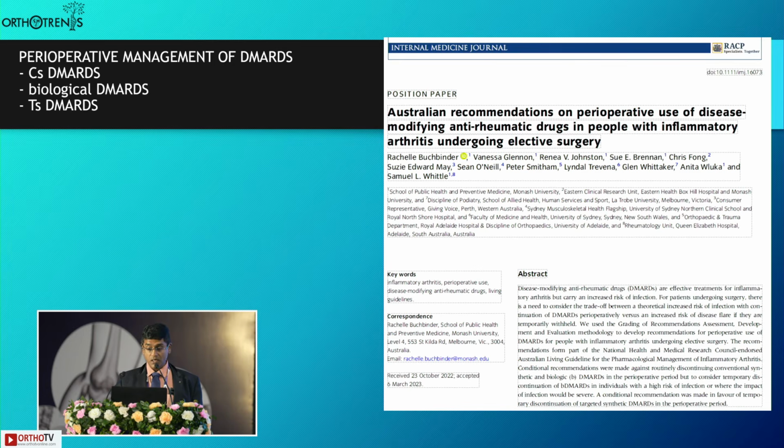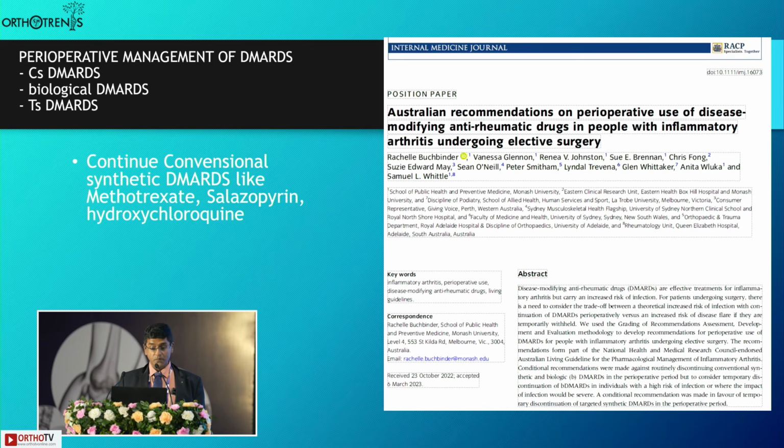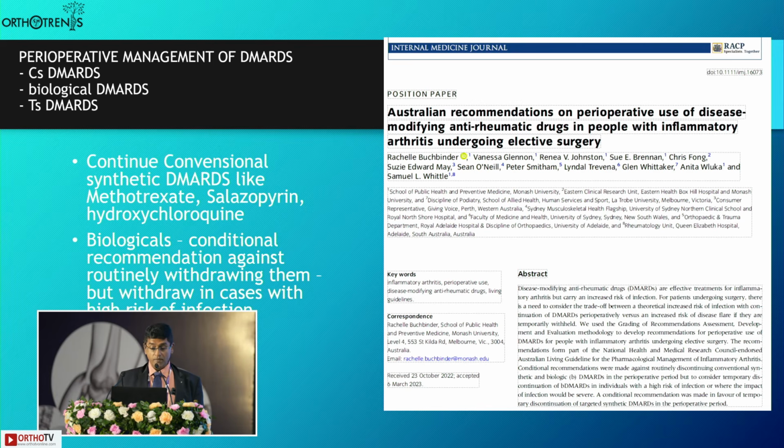This is the Australian recommendation from physicians, which says continue conventional synthetic DMARDs like methotrexate, sulfasalazine, hydroxychloroquine perioperatively. They also give a conditional recommendation against routinely withdrawing the biological DMARDs, but withdraw in those cases where you are worried about a high risk of infection.